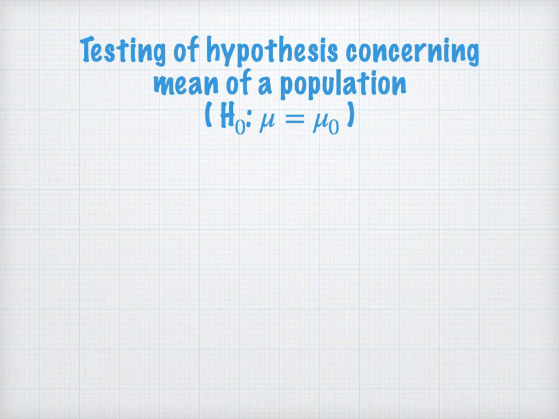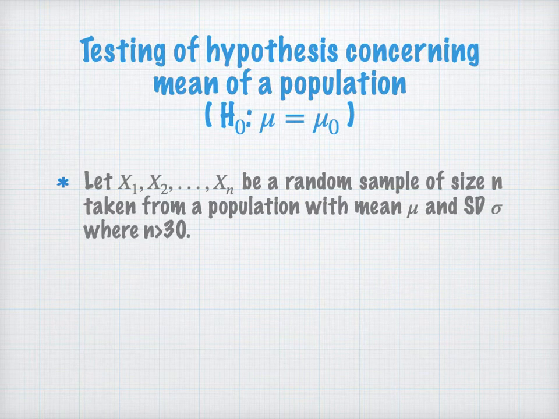In testing a hypothesis concerning the mean of a population, we have the null hypothesis as mu equal to mu naught. We have to decide whether to accept or reject this null hypothesis based on a random sample x1, x2, etc., xn of size n taken from a population with mean mu and standard deviation sigma.